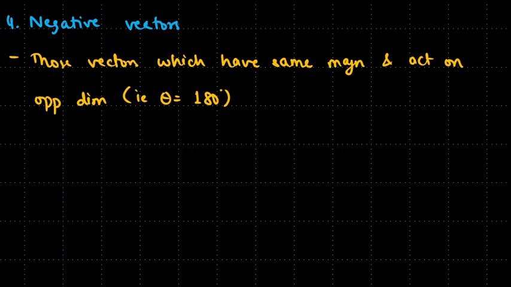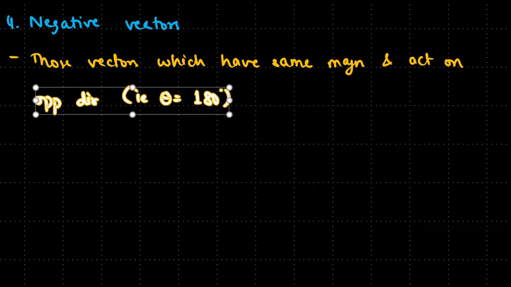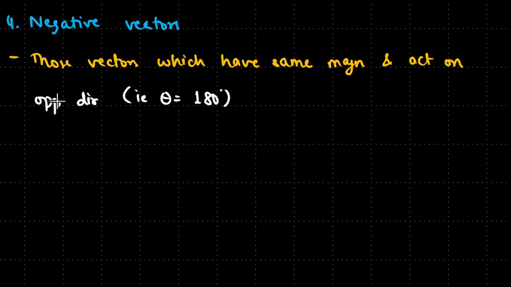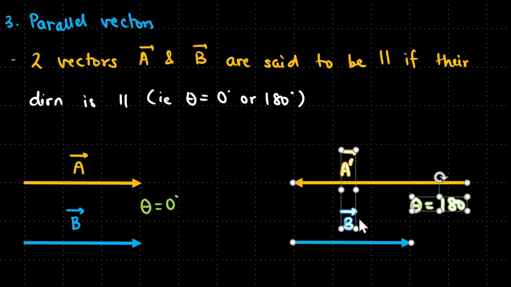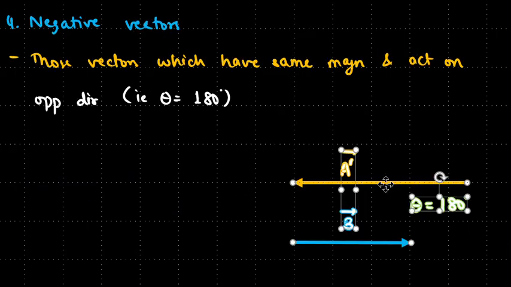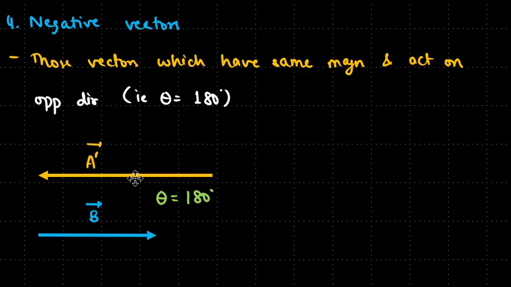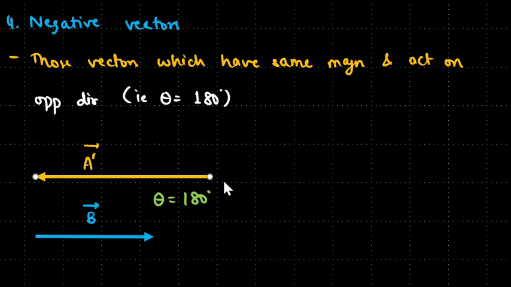So if we have to represent this by an example, this is basically the example if the magnitude was equal. So let's move this right over here and make the magnitude equal.